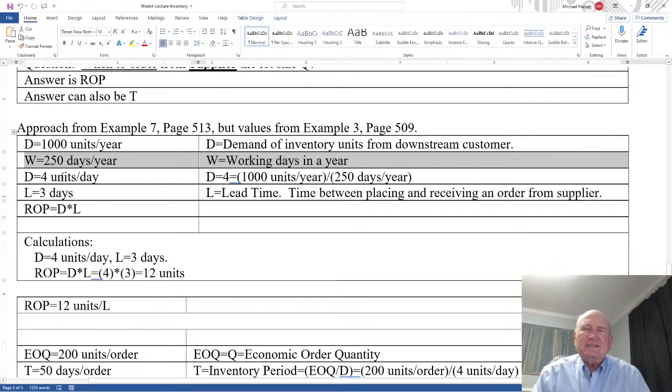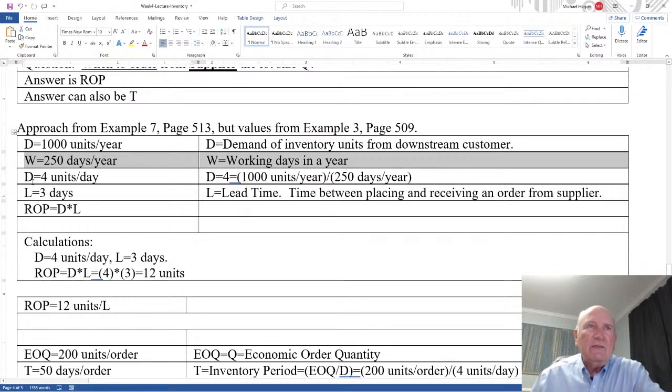That's 5 work days a week. There's 50 weeks in a year, 2 weeks off for vacation. They're not working 2 weeks in a year. So 50 weeks in a year and five working days per week, 5 times 50 is 250 working days per year. So that's where that came from.